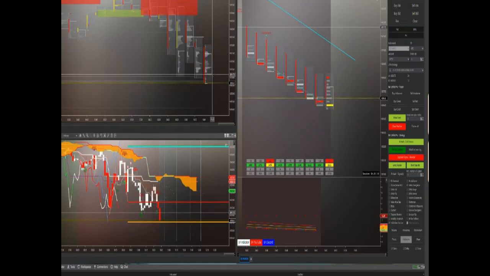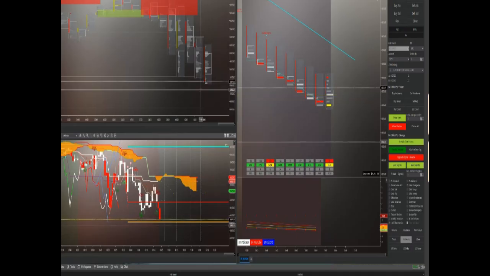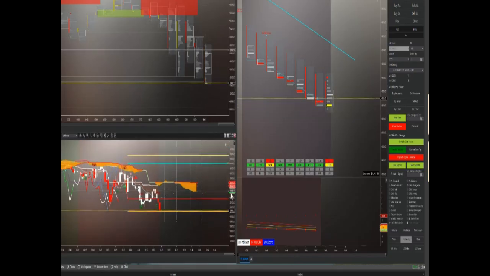If we break down, where do we expect it to come down to? Well, we got the bigger picture perspective right here. We got a session right. We got an opportunity zone right there. We identified the opportunity zone. What does this say? Well, we're at support there. Okay, that's close enough.